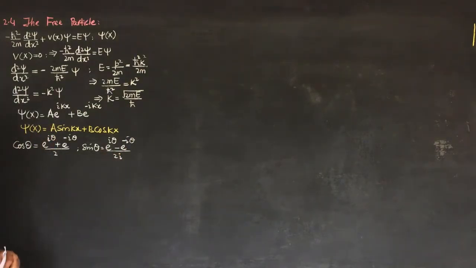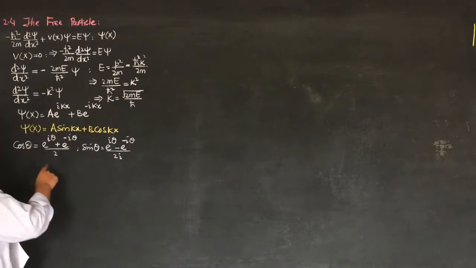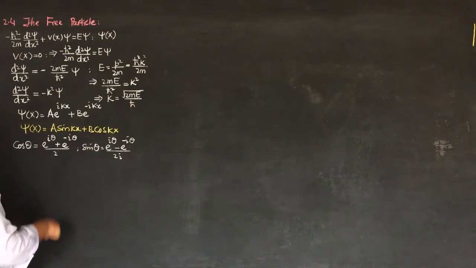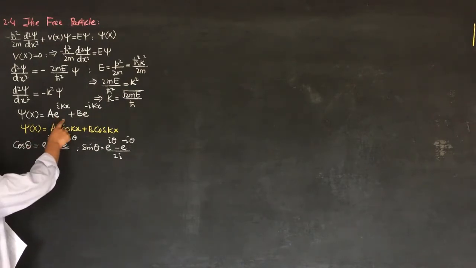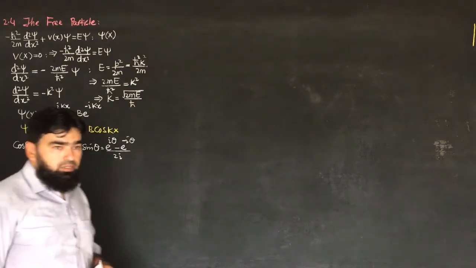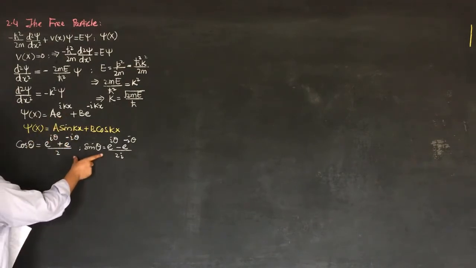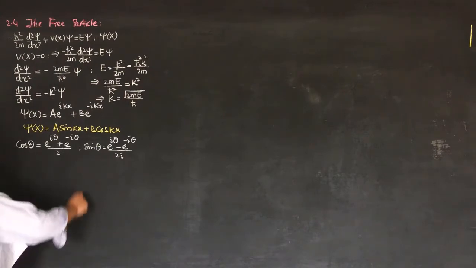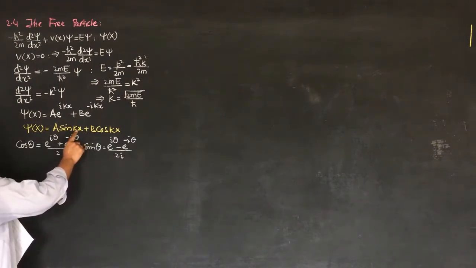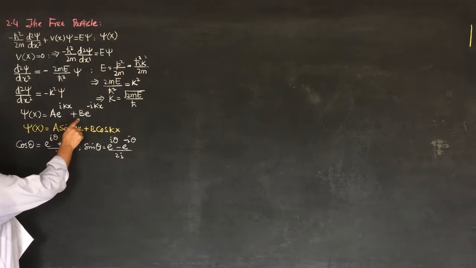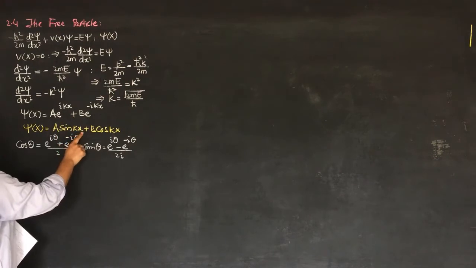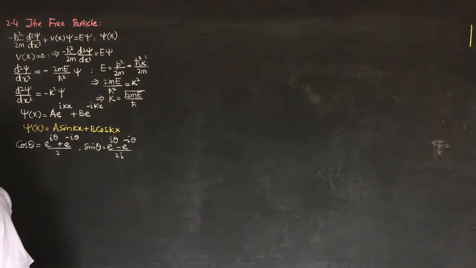If I replace theta by kx, then I can have this thing back. So this and this solution are the same according to the Euler formula. Then why do we write it like this in case of the free particle, and why in the infinite square well were we writing it like the other?